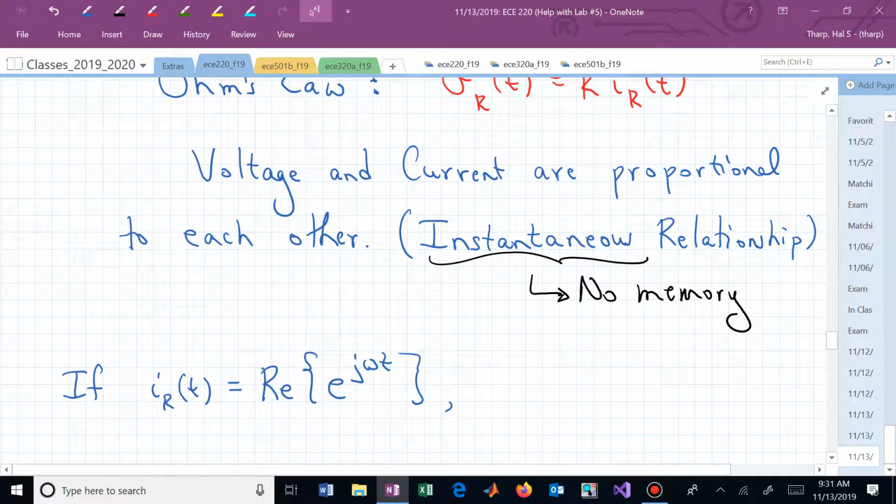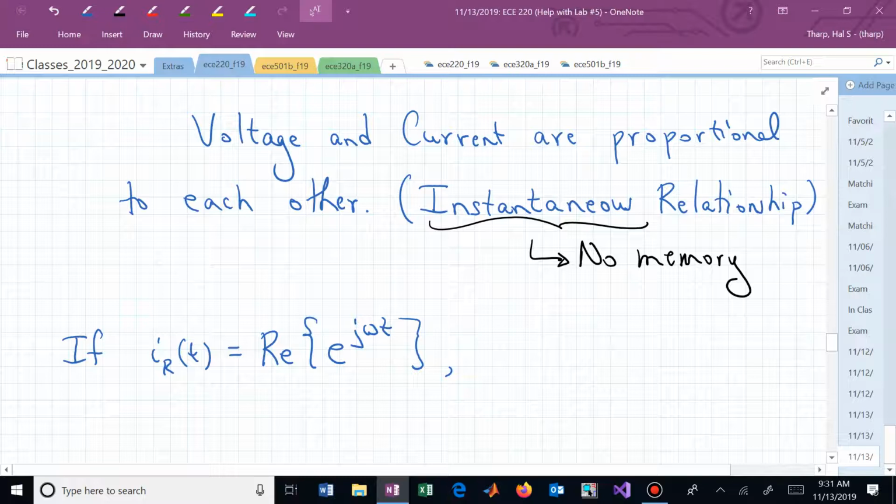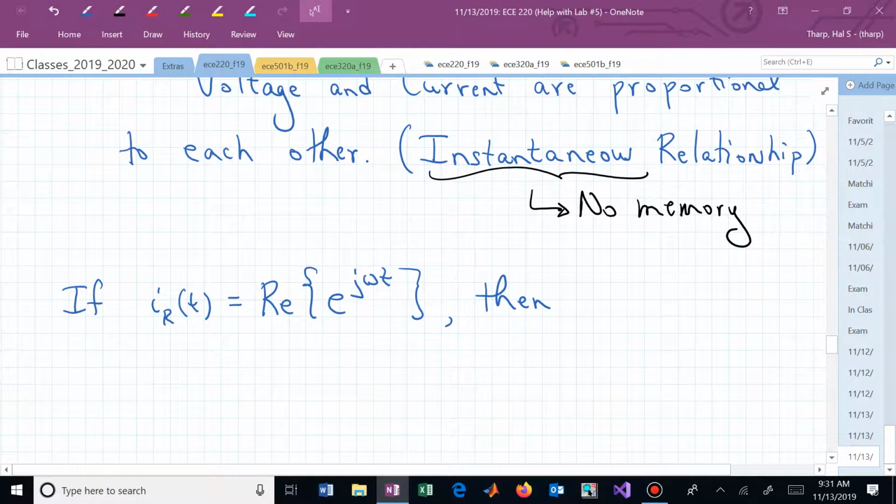Thus, if we start with the complex phasor representation of the current in that resistor, we'll just take the real part to get the cosine of omega t. Let's now carry that through and use that when we want to compute the voltage dropped across that resistor.